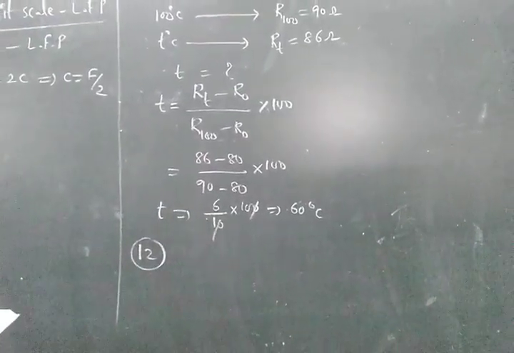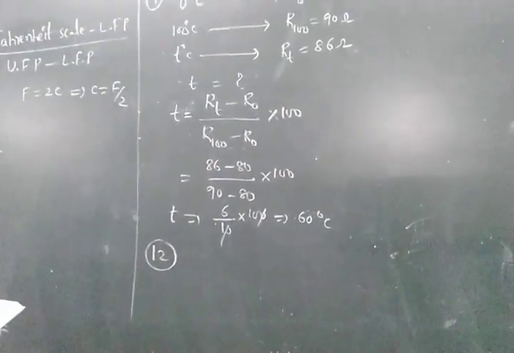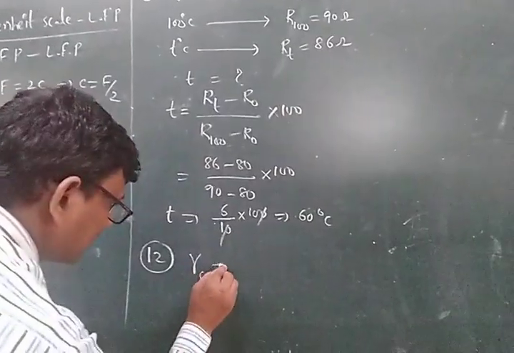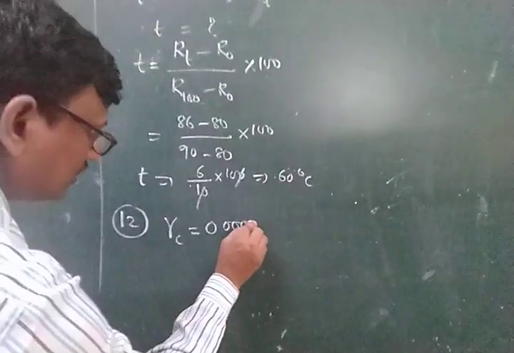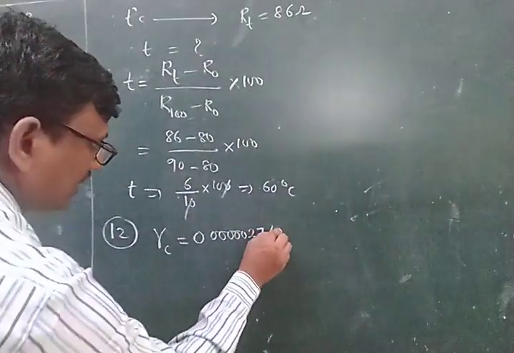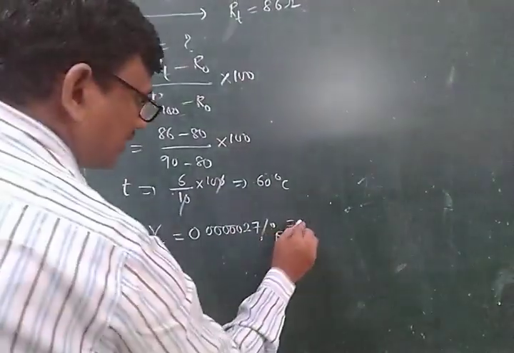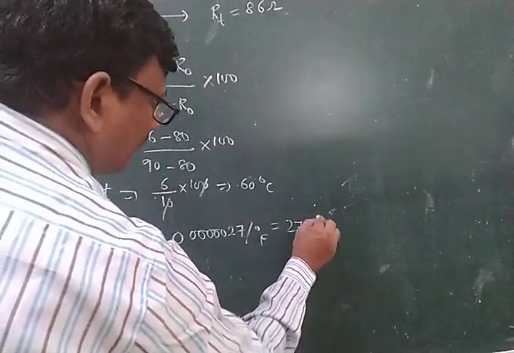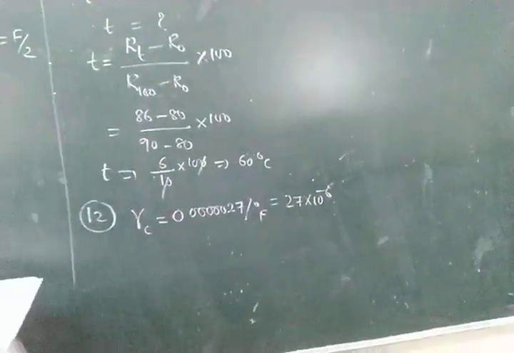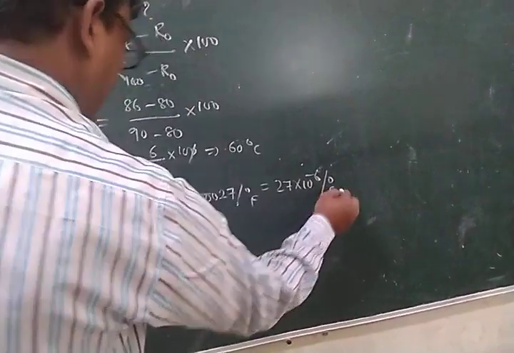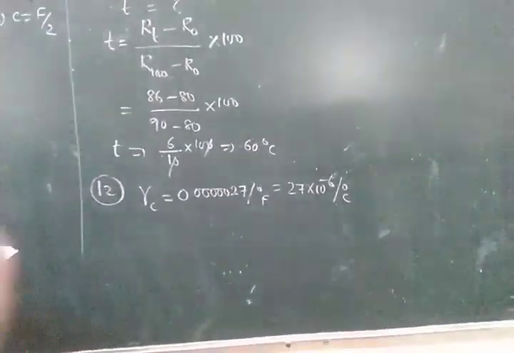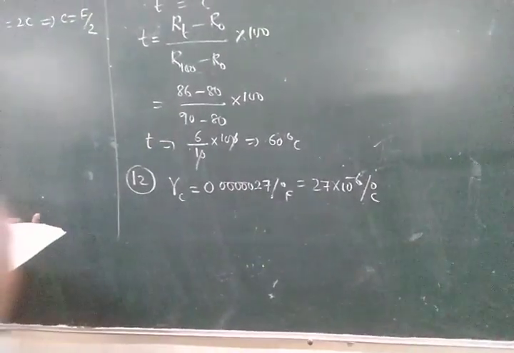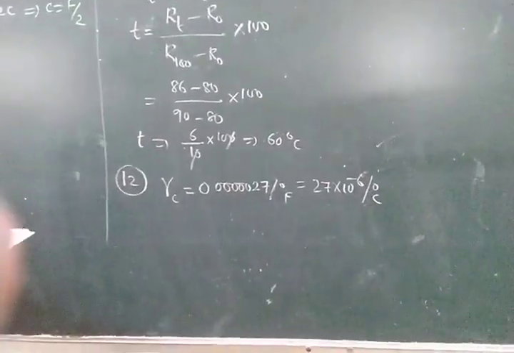The coefficient of cubical expansion of a solid, gamma C, is given as 0.000027 per degree, that is 27 × 10^-6 per degree centigrade. If the temperature is measured on the Fahrenheit scale, what is the numerical value of the coefficient of linear expansion of the solid?